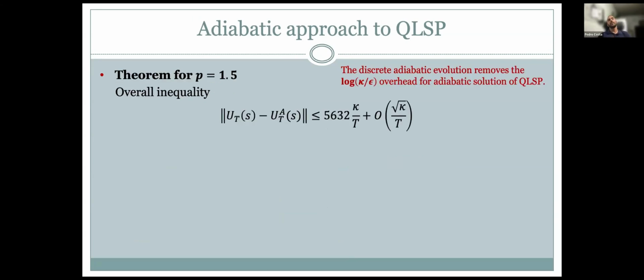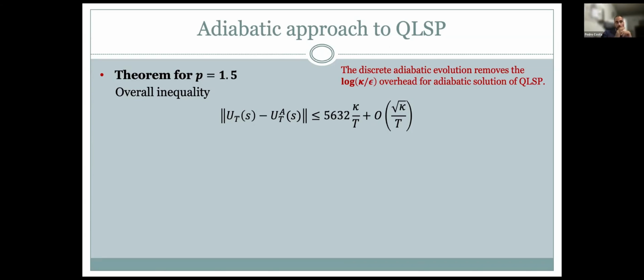In our previous results, we showed how to construct this discrete adiabatic theorem, and then we just plug in the basic information about the problem, which you can rewrite in terms of the condition number of the matrix. Because you have the information about the gap, the gap is in terms of the condition number, the total number of steps, etc. These results are derived using the discrete adiabatic theorem that I showed in the previous slides.